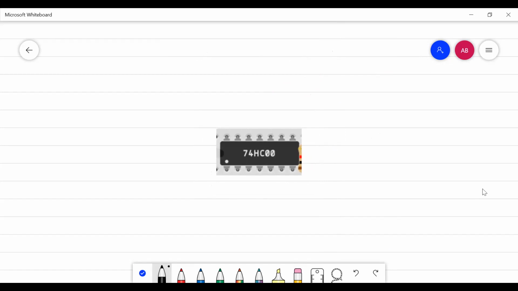Here you can see that there is a cut on this IC and a white dot, which indicates pin number 1. So starting from pin number 1, this is 3, 4, 5, 6, 7. This pin number 7 is the ground pin.